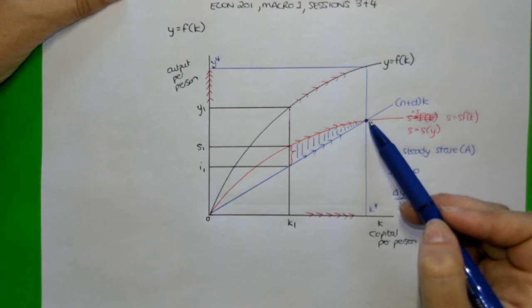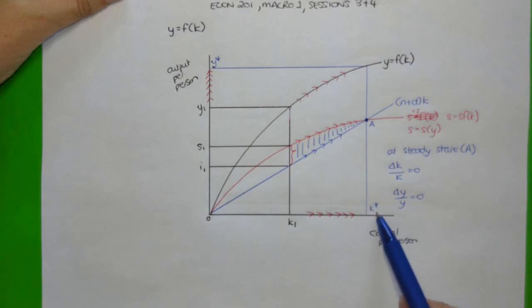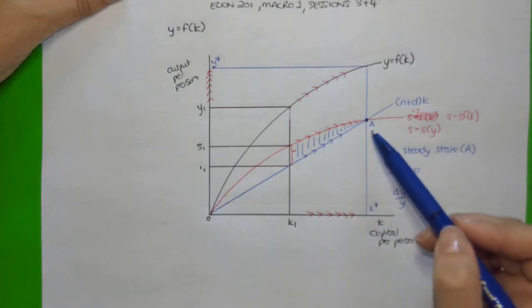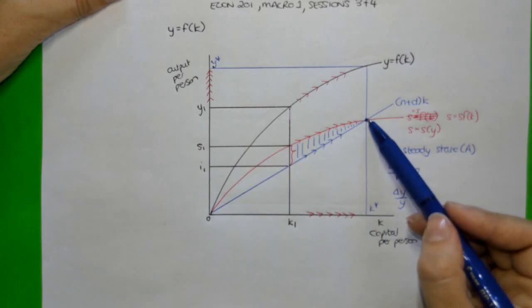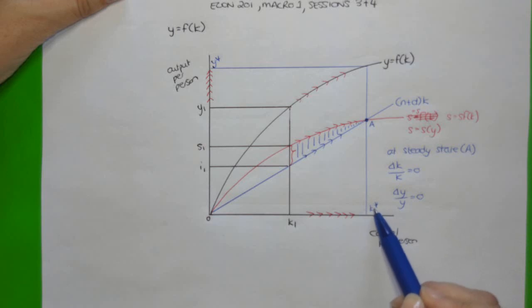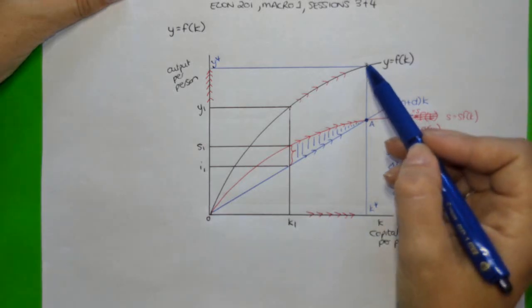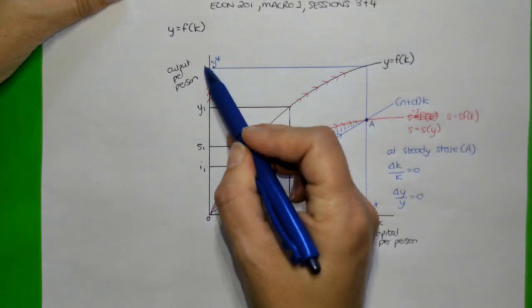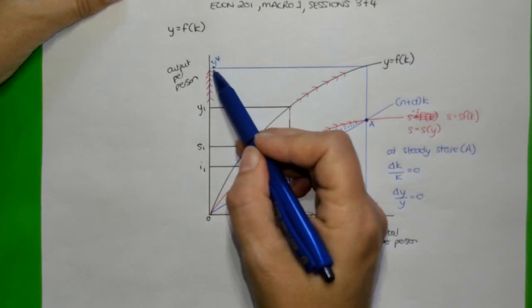At the steady state, the amount of savings being generated in the economy at a capital to labor ratio of K star is just enough to accommodate the amount of investment needed to maintain that capital to labor ratio of K star. And if that capital to labor ratio of K star is maintained, then the amount of output per person that will be generated is equal to Y star.